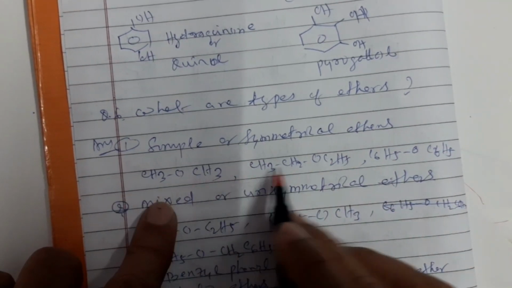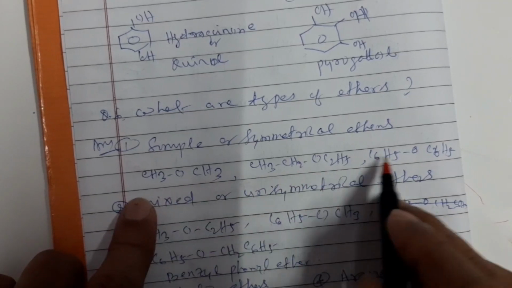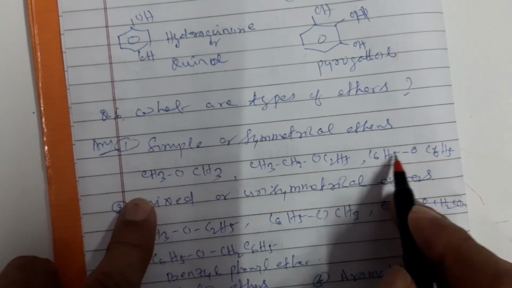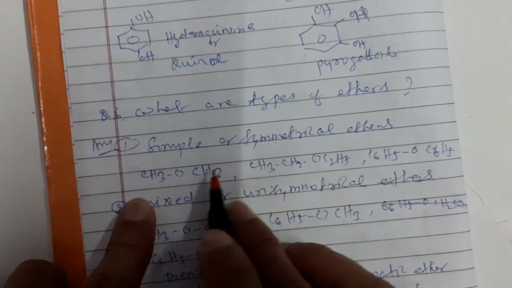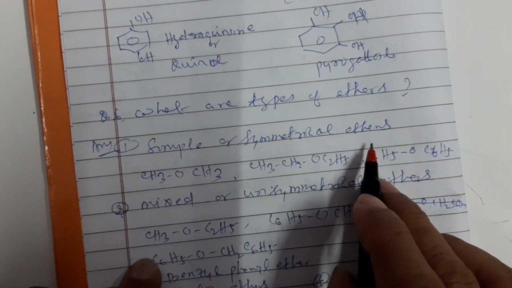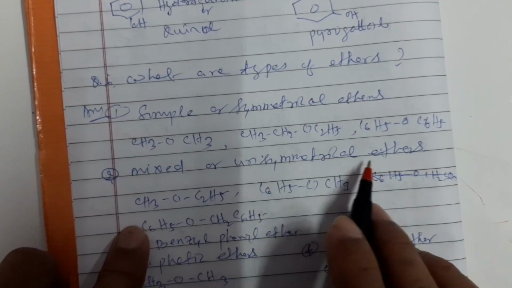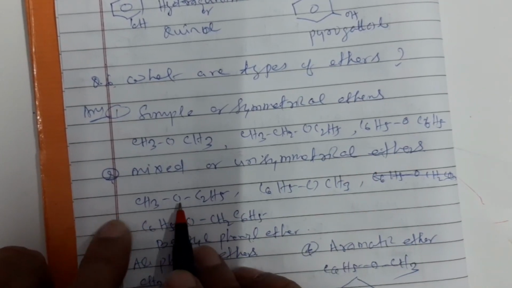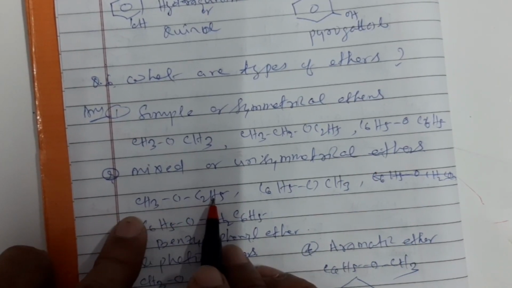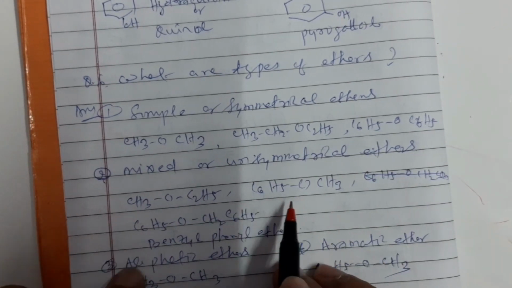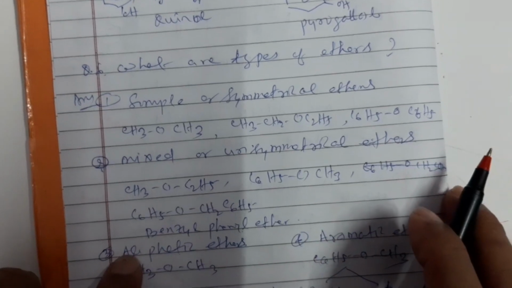Or it may be aryl groups, that is aromatic groups of the same type, then it is known as symmetrical ether. Then what are mixed ethers or unsymmetrical ethers? If the two R groups are dissimilar, then it is known as mixed or unsymmetrical ether. Okay, so these are the unsymmetrical ethers.